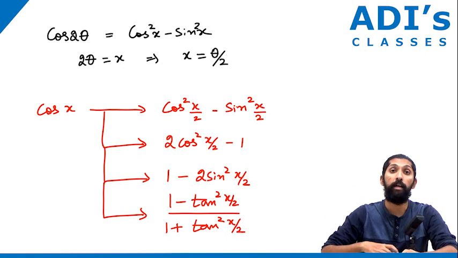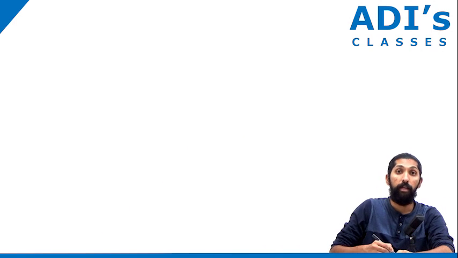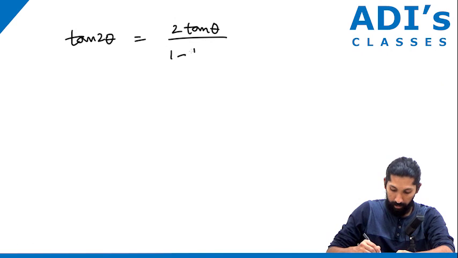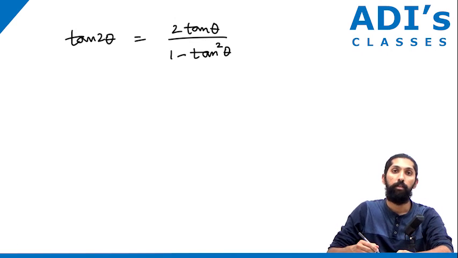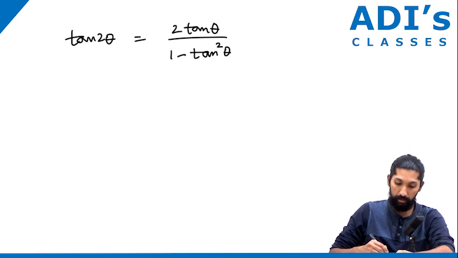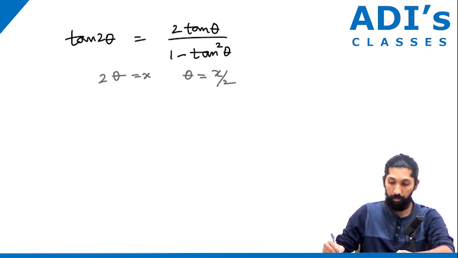Now we'll do tan x or tan theta submultiple angle. Tan 2 theta. What is the formula? 2 tan theta by 1 minus tan square theta. Again, we are going to take 2 theta as x. So theta is equal to x by 2.